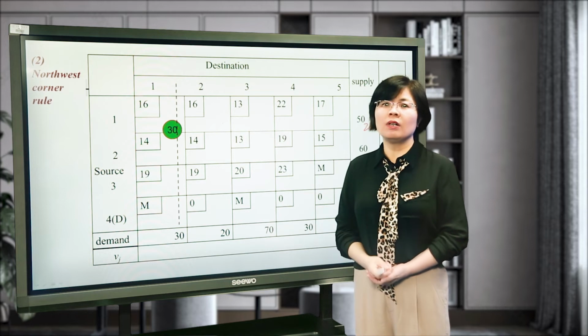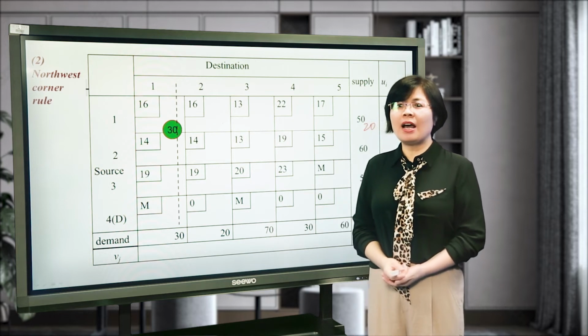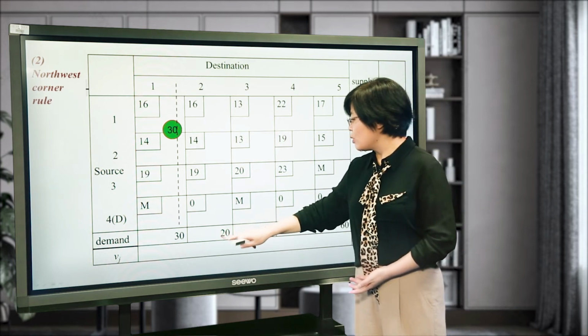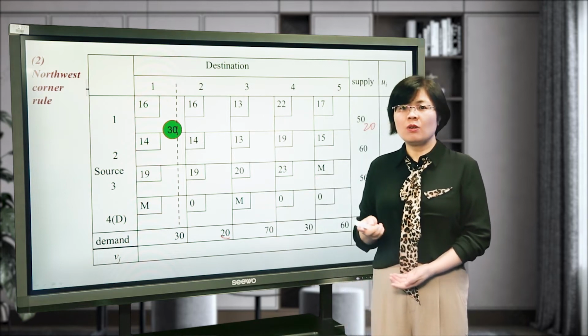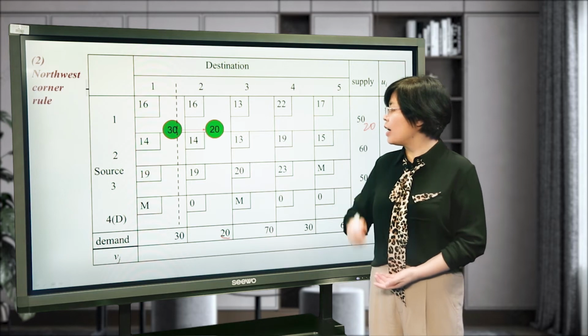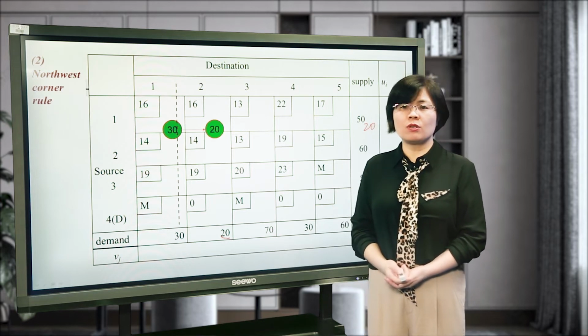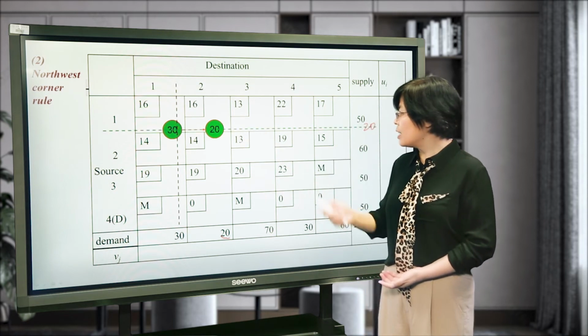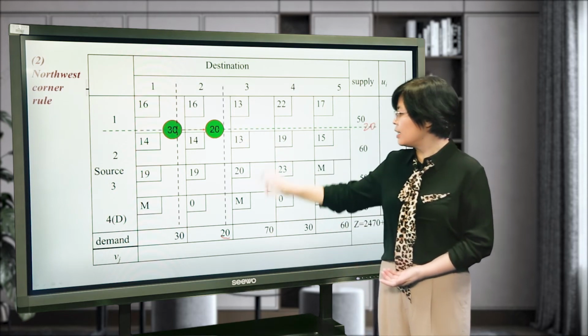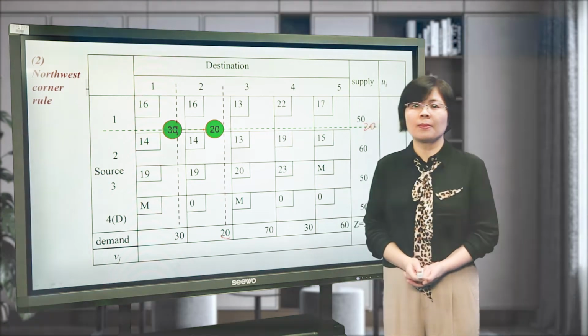x12. The law and the claim have the same 20, 20, which allocates 20 here, and we eliminate this law and claim similarly.